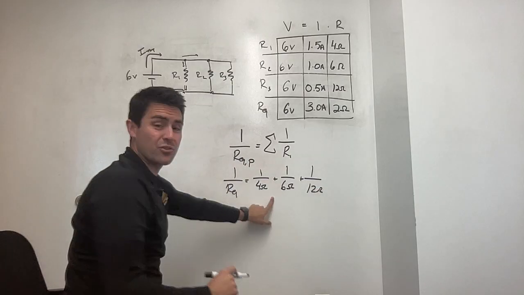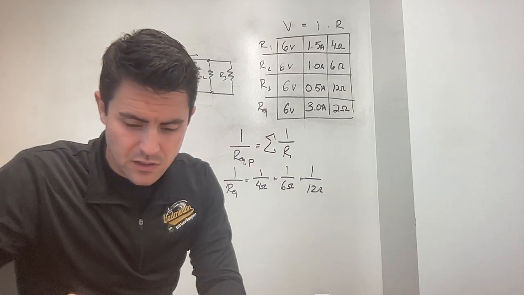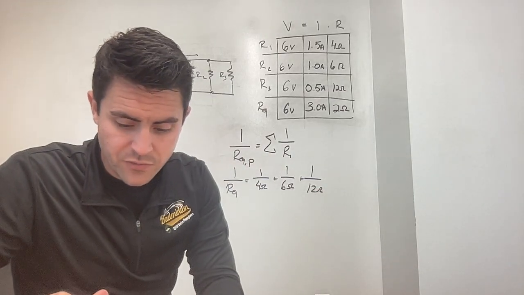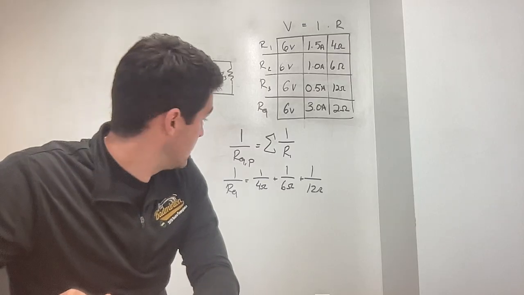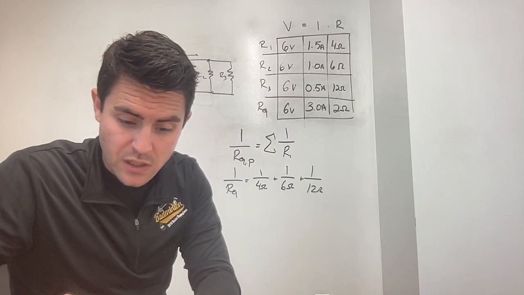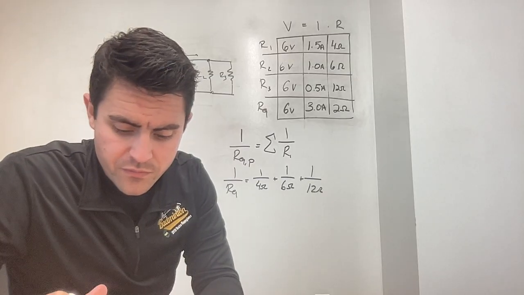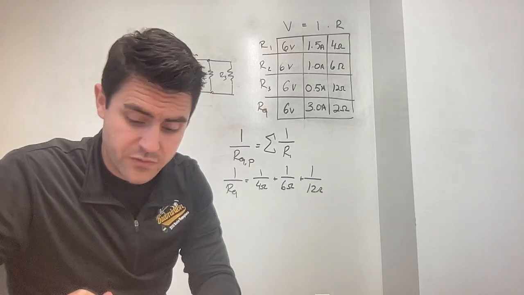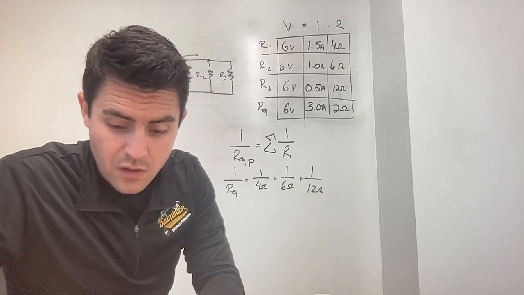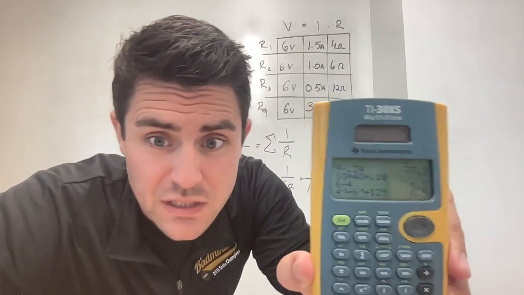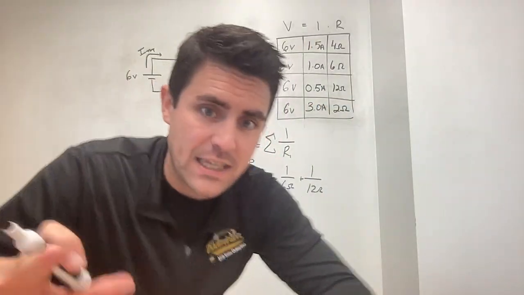Now, I certainly can't do this in my head, but we can do it here. The inverse of 4 plus the inverse of 6 plus the inverse of 12. I get my answer to be 0.5. That's not the answer.